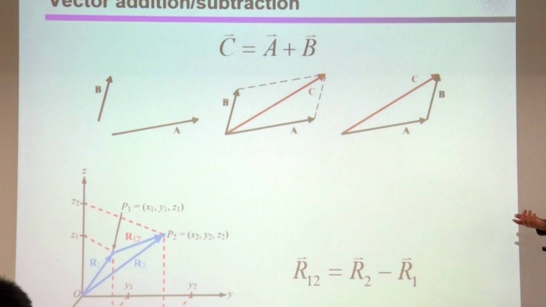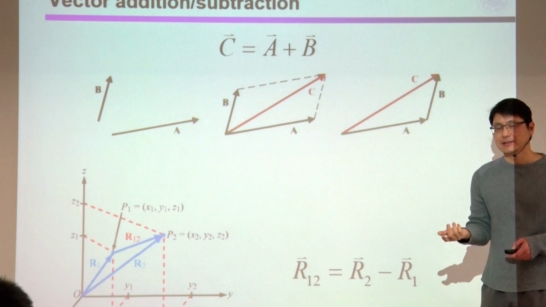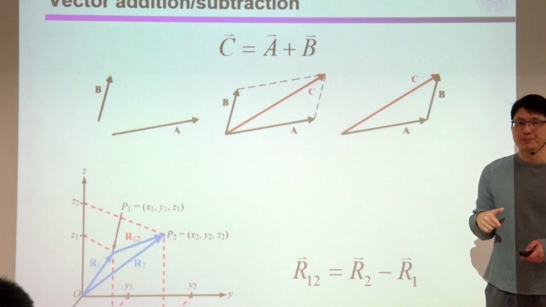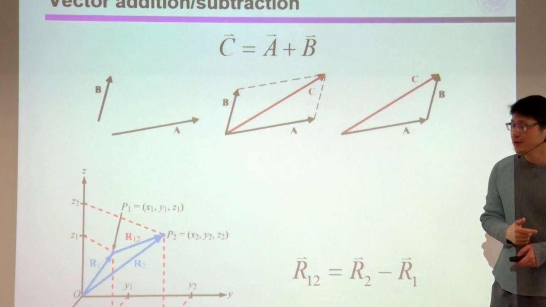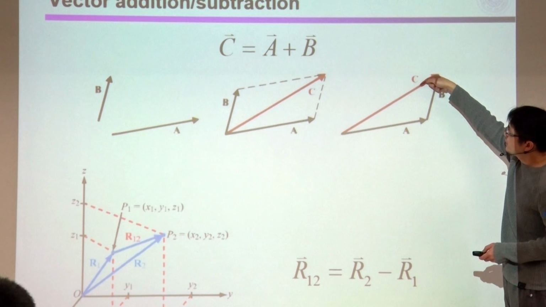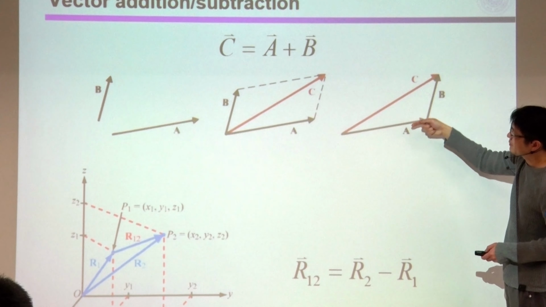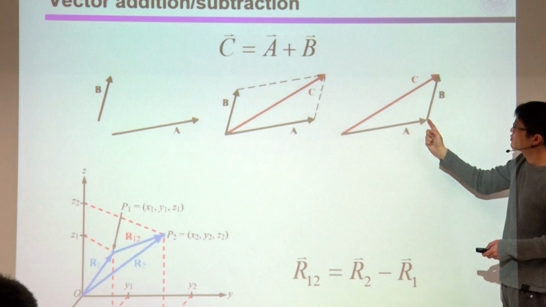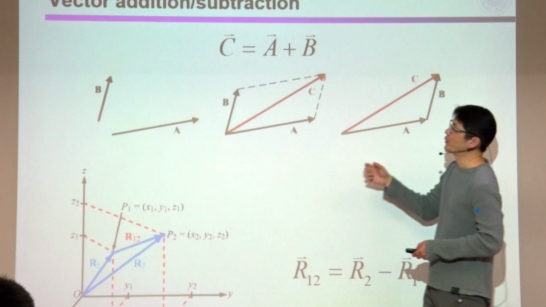So now the question is, we understand how to add, how to subtract between two vectors. For example, if I know vector C, C minus A equals B, right? You can move around.